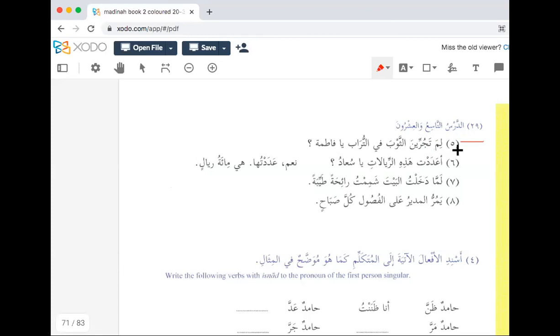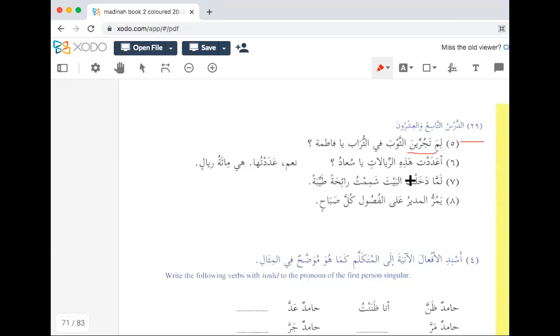Who's going to help Thaqib reading this word here? Anyone? Tajurrina. Yes, excellent. Keep going, brother Thaqib. Lima tajurrina thawba fit-turab ya Fatima.